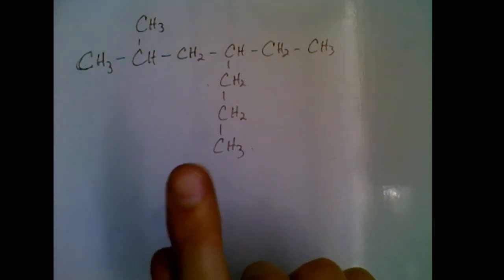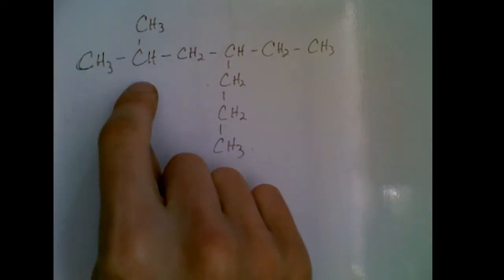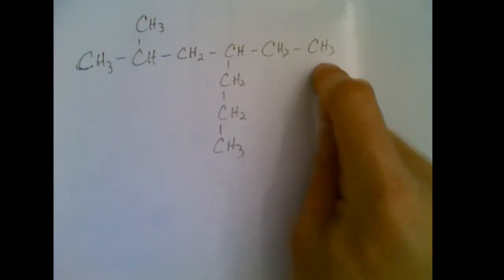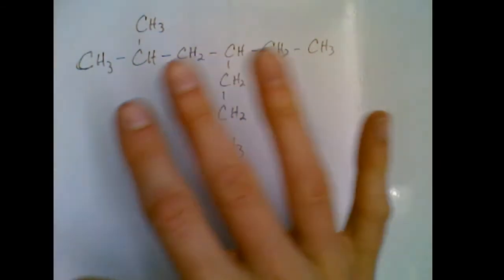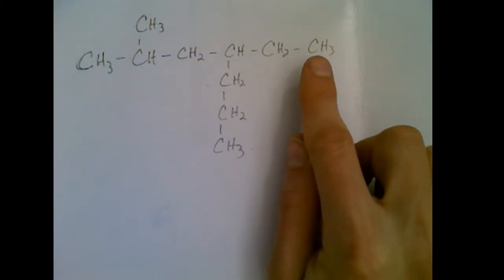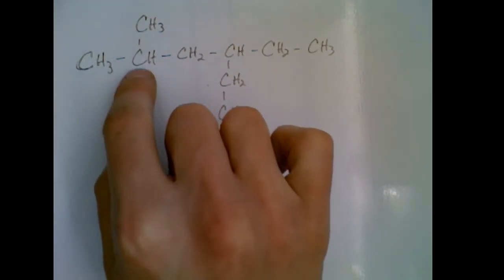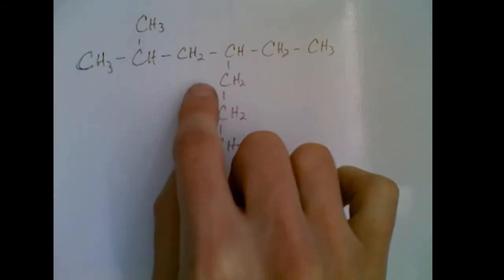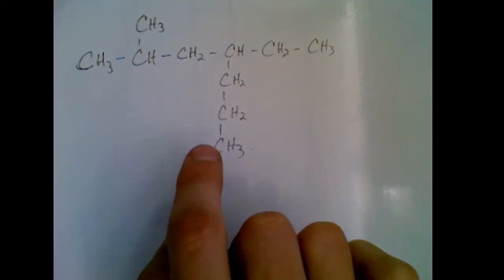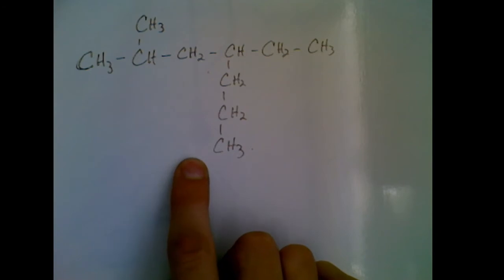Now, I imagine a lot of people, when they first saw this, went, okay, 1, 2, 3, 4, 5, 6, some kind of hexane. Well, keep in mind, a chain of carbons doesn't have to go straight. It can actually curve and change direction. So 1, 2, 3, 4, 5, 6, 7. This is the longest chain of carbons.